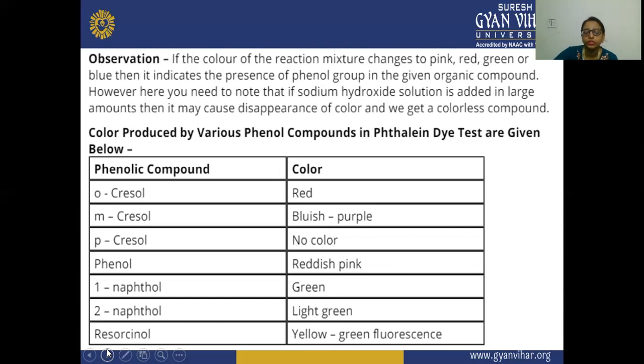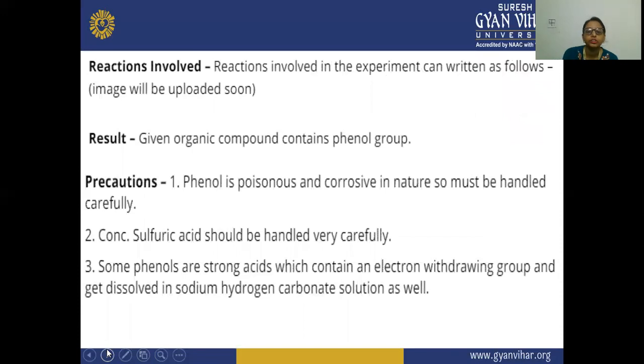After that, the 4th test is the Liebermann test. Here are the precautions we have to take. The result will be that the given organic compound contains the phenol group. The precautions: phenol is poisonous and corrosive in nature, so it must be handled carefully.